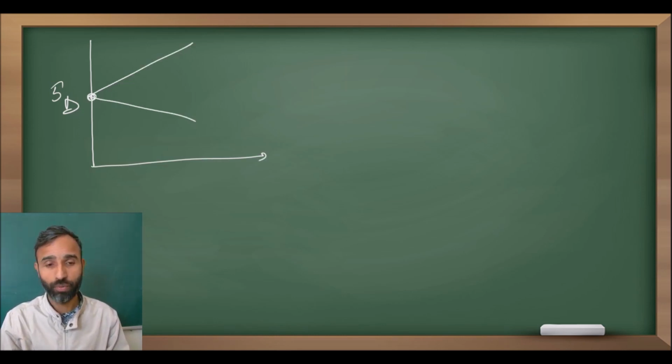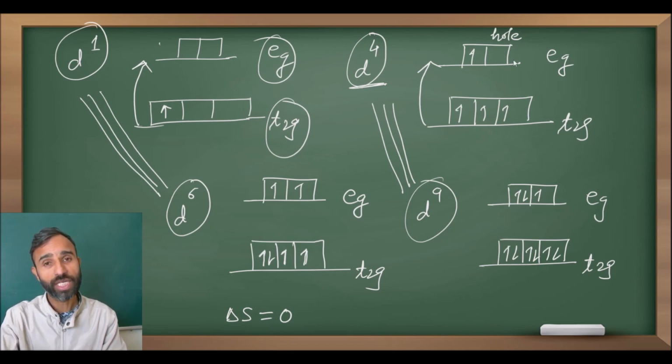In D4, there is a transfer of hole from EG to T2G, so it is just like D9. And in D6, there is promotion of one electron, and therefore it is just like D1.